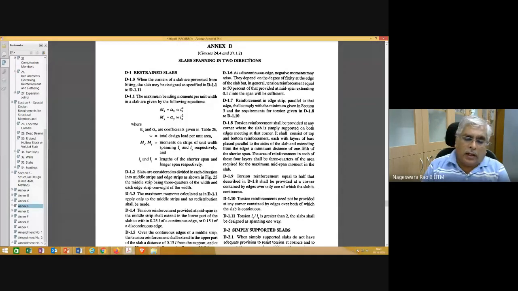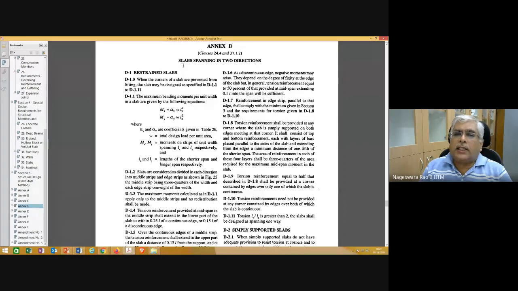And I think I illustrated that through one of the examples after completing the design of the beams. Okay, and we will see in detail in the next class.